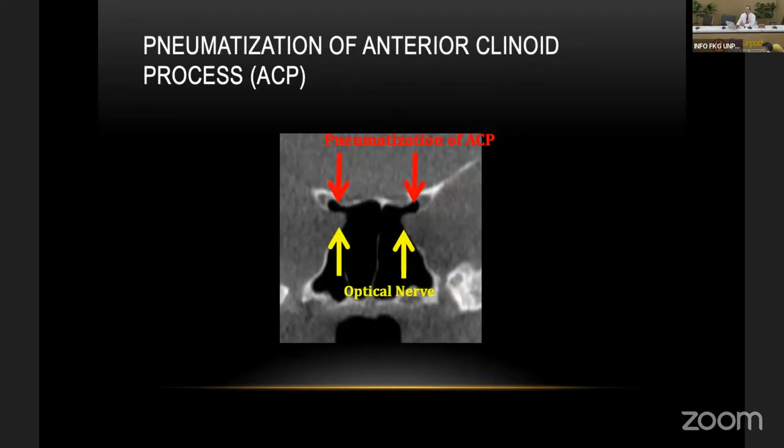Also, there's some other anatomy. Since we're dealing with the paranasal sinuses, we also need to know that there's pneumatization of the anterior clinoid process, and this is a part of the sphenoid sinuses, and the optic nerve sometimes can be close to or adjacent to the sphenoid sinuses.